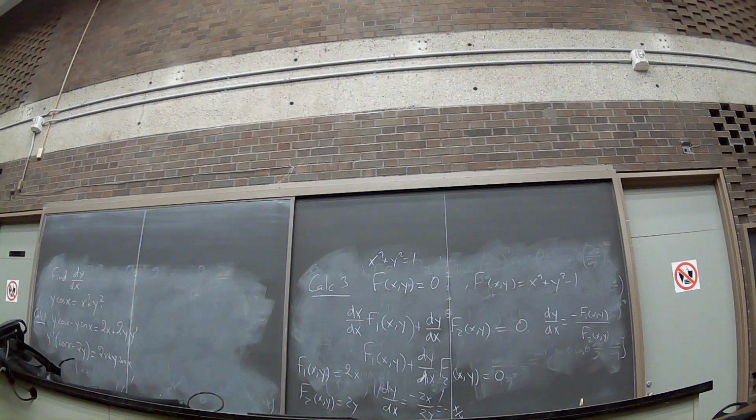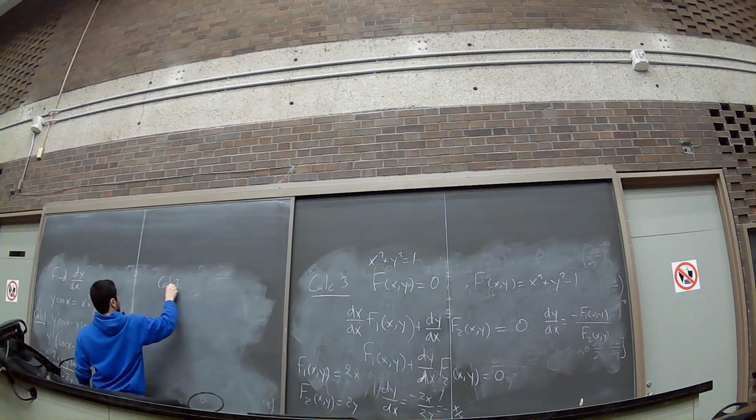Agree or not? Yeah? So what is y prime? It's 2x plus y sin x over cos x minus 2y. Great.